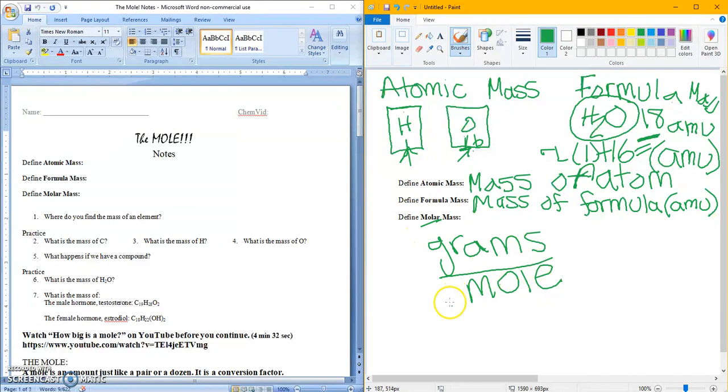We're going to find out that the mole is a counting number, and then grams is how many grams you would measure out in your laboratory. But the molar mass is just the mass of an atom, or the mass of a formula, but the units change. So the units are really important for molar mass.